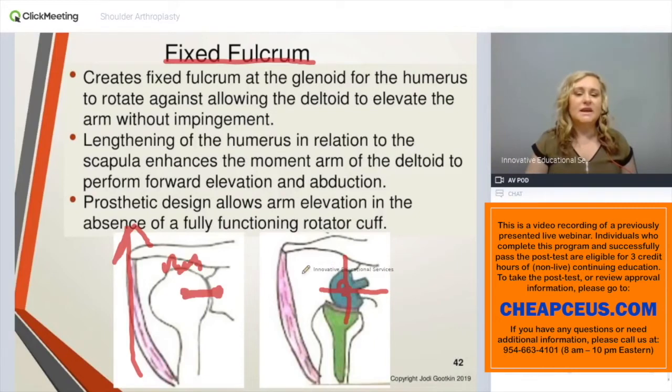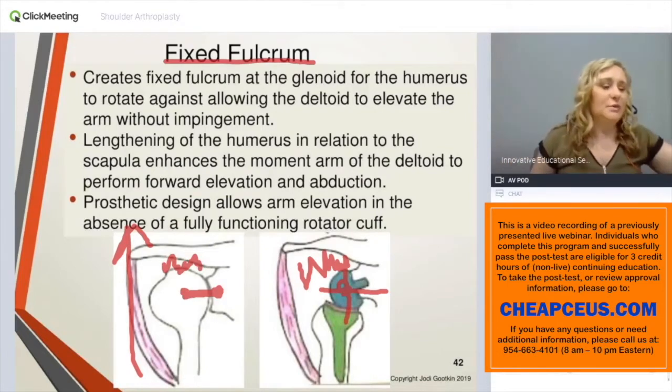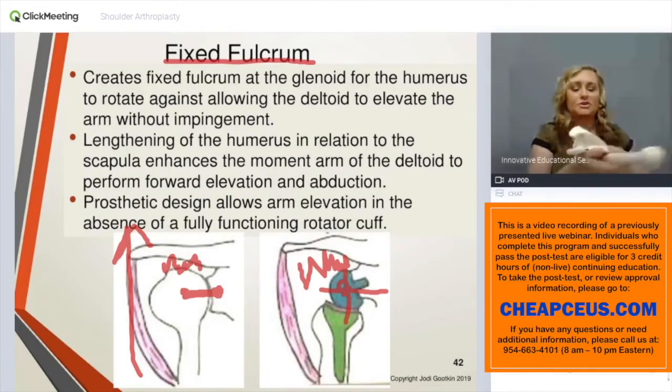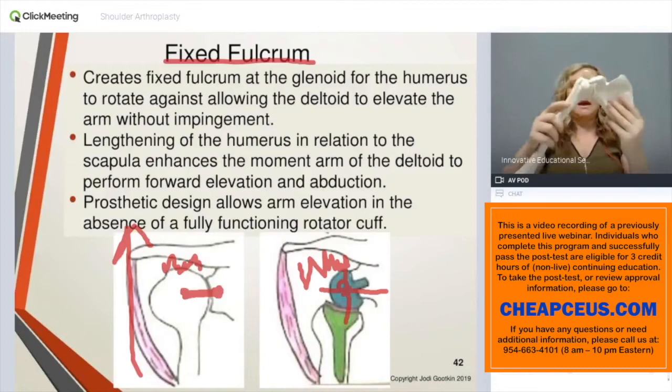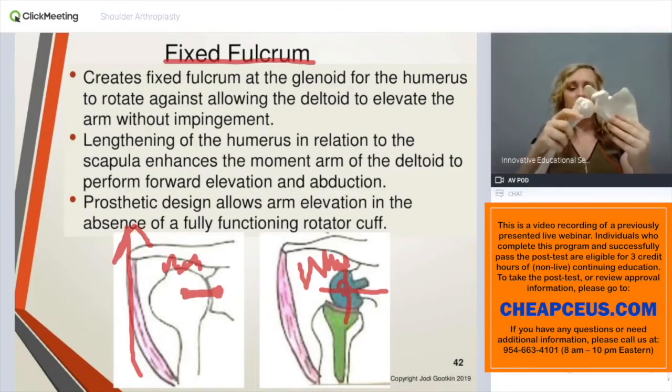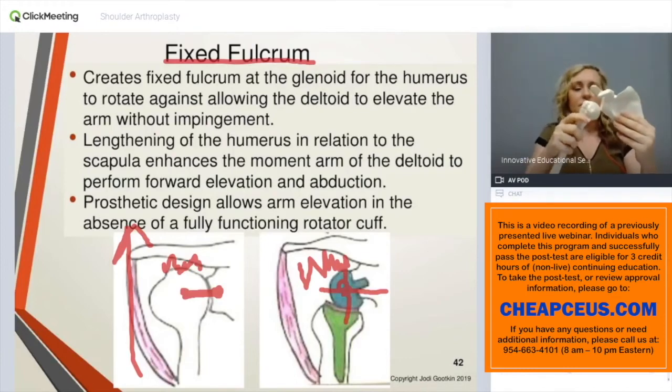In doing that, see how it naturally creates this larger subacromial space?